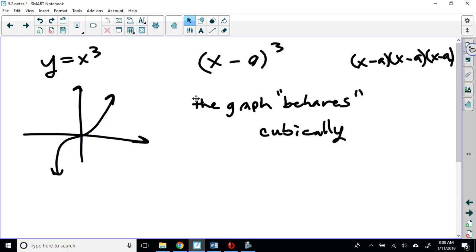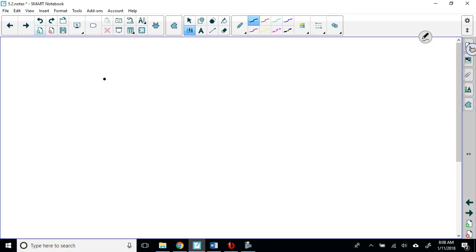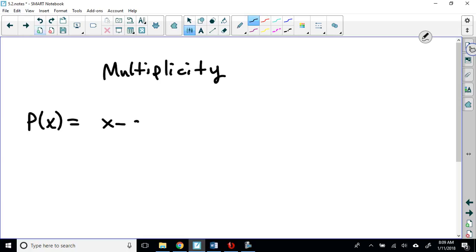How about this for a 5-syllable word? Multiplicity. Suppose we have something like this. P of x equals x minus a, the quantity squared, times x minus b, the quantity cubed, times x minus c.